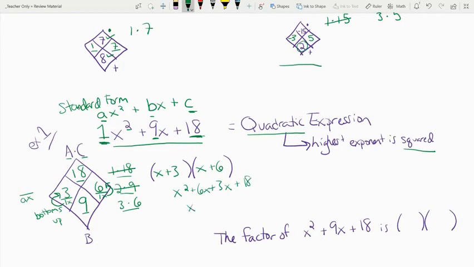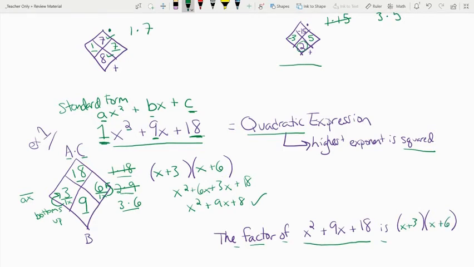Now I have to combine those, x squared plus 9x plus 18. Check. That checks out. So I can say that the factor of x squared plus 9x plus 18 is x plus 3 times x plus 6.